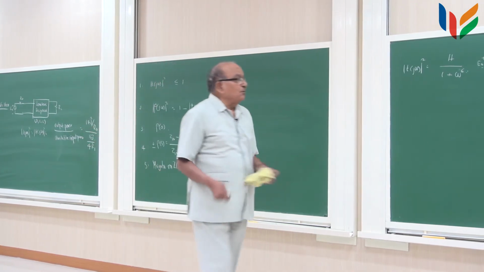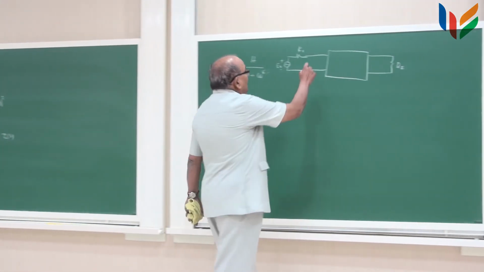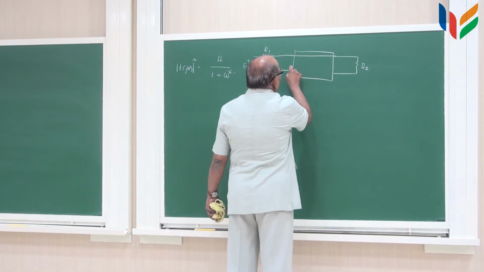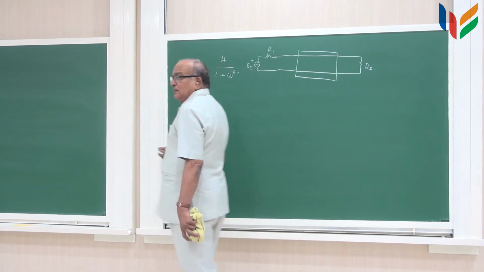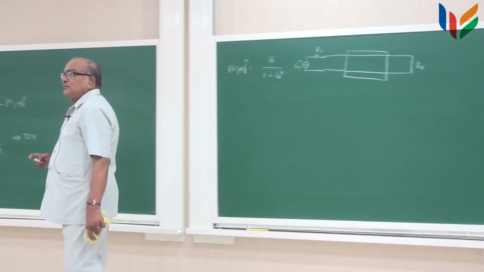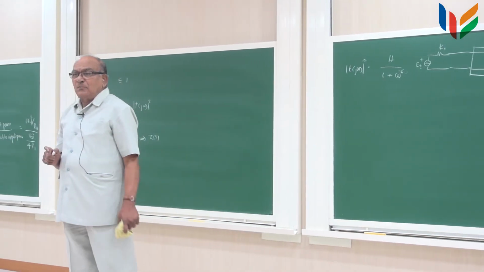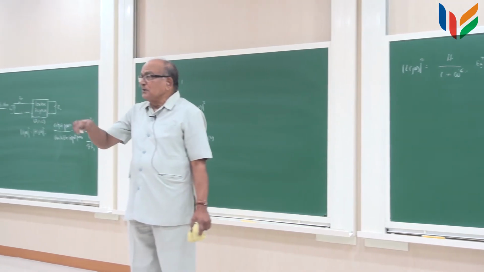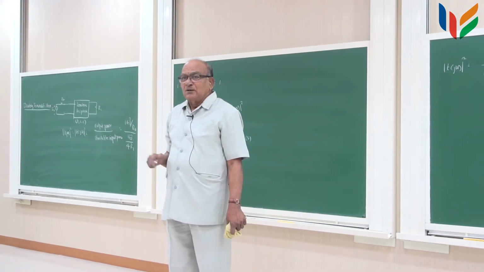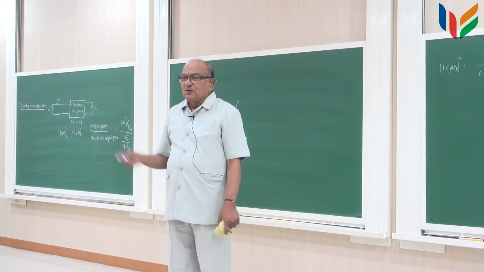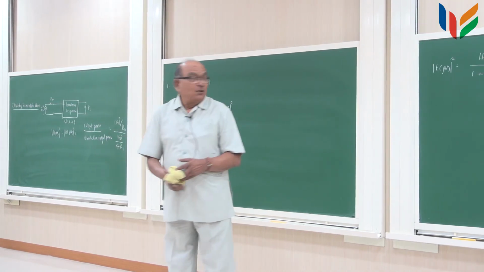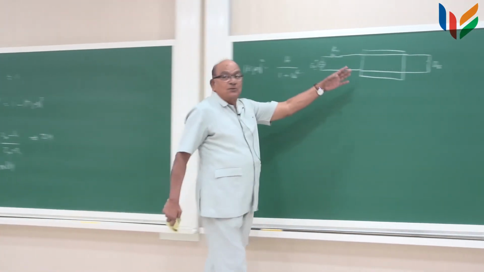So, at s equal to 0, this network basically becomes a short on this side. You agree with this point or not? Because in a ladder network with series inductors and shunt capacitors, series inductor becomes short circuit, shunt capacitor becomes open circuit. So, this network effectively at s equal to 0 becomes this.